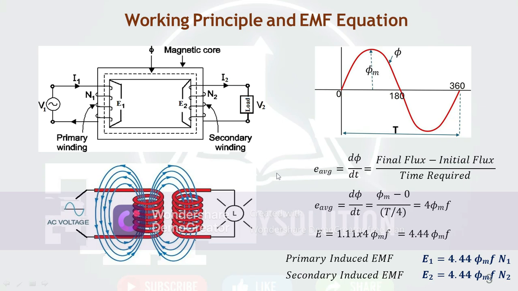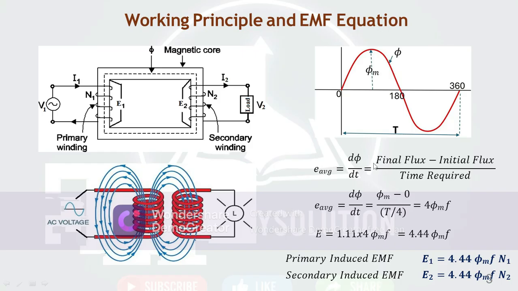According to Faraday's law, the EMF is induced by the rate of change of flux. So we write E average is equal to d phi upon dt.